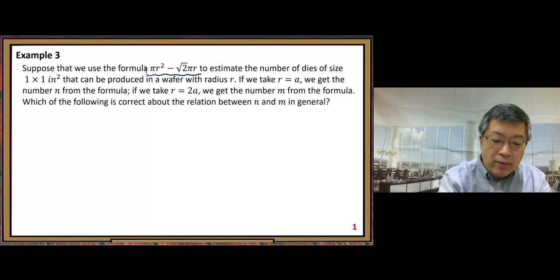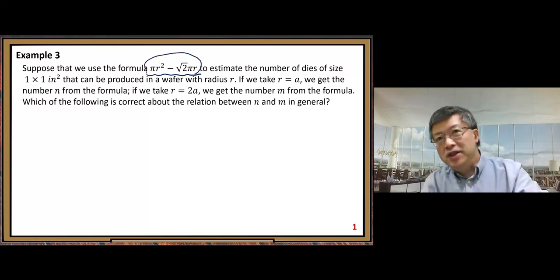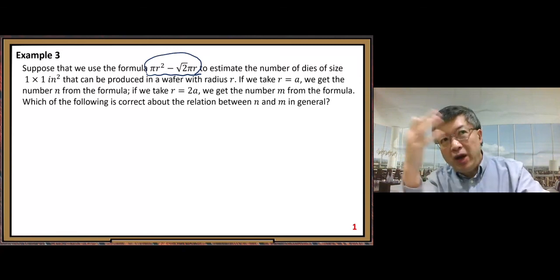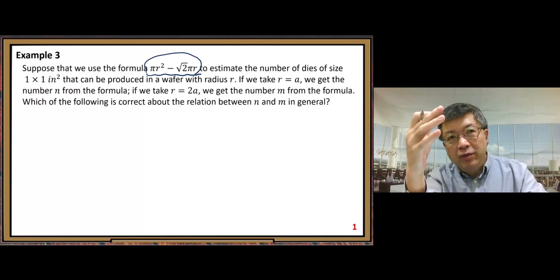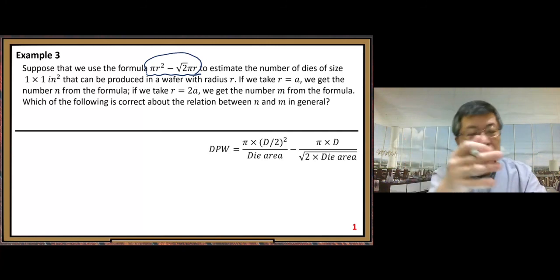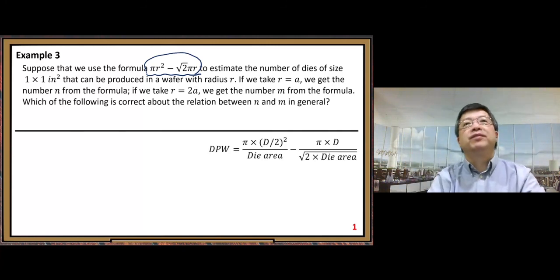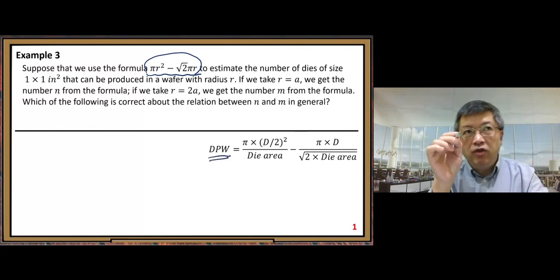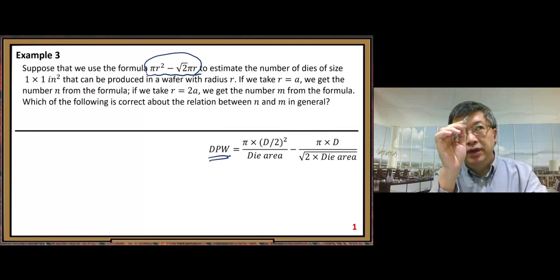Can you see why this formula? Let me explain. From our original formula, we can get this expression easily, from our DPW formula, the dies per wafer formula we derived in part C.